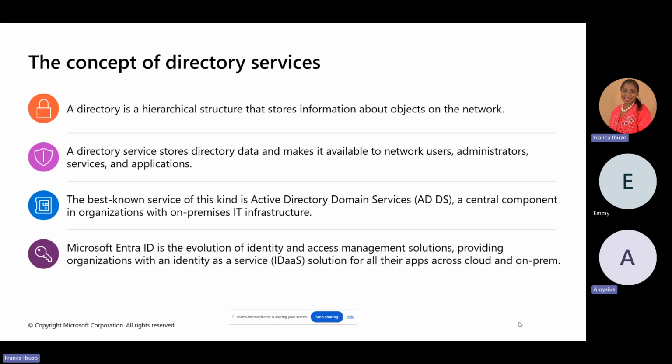You have the infrastructure located physically in an organization, on their premises. That's why it's called on-premises, on the premises of the organization. That's the literal meaning.